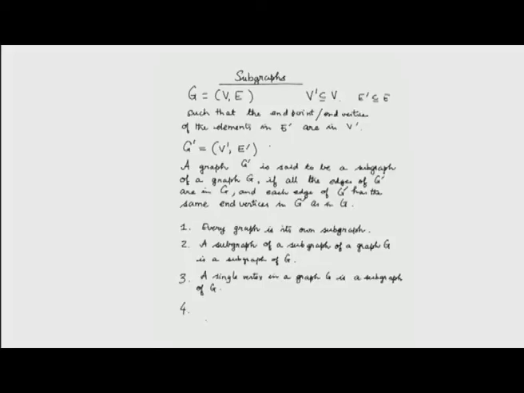And 4, a single edge in G together with its endpoints is also a subgraph of G. We see that these are more or less straightforward.